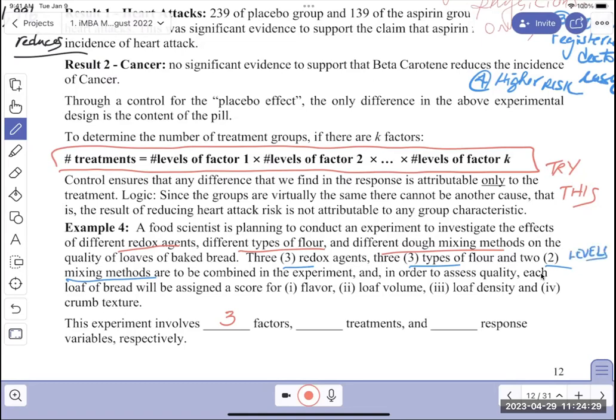So to get the treatments, you need to cross 3 times 3 times 2 equals 18. And then in terms of what they're going to measure once they're done: flavor, volume, density, and crumb texture. So that is 4.